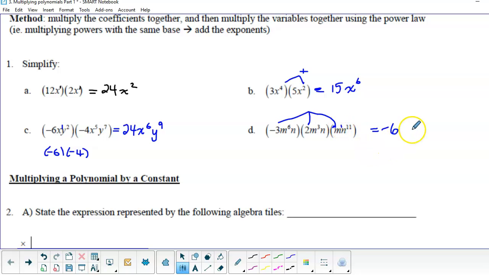So that's going to be m to the 10. And then n's, so n to the 1, n to the 1 there, and n to the 11. So 1 plus 1 plus 11 is n to the 13.